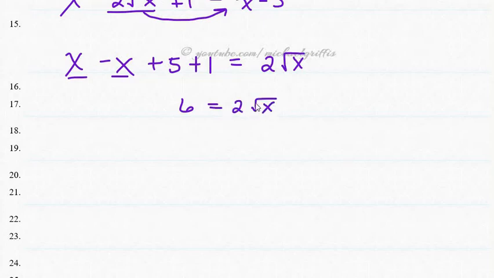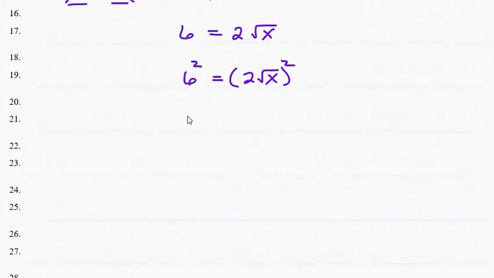of x. Now, we can get rid of this radical by squaring both sides. So let's do that. So we have 36 is equal to 4x. And when you square the square root, it just falls away.